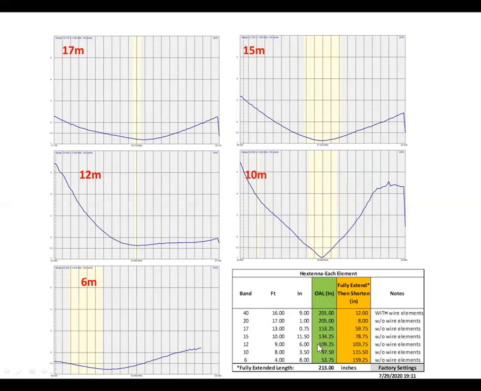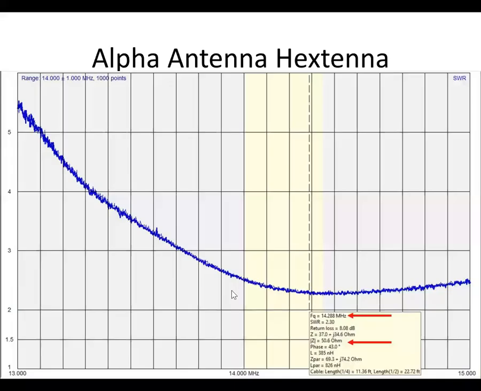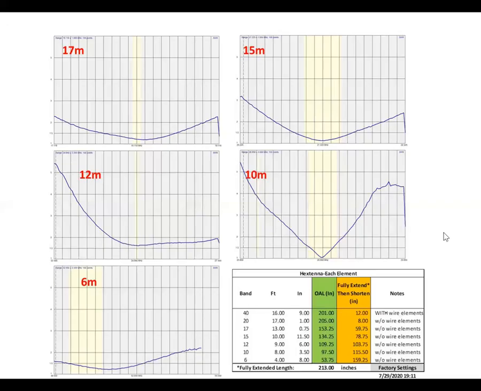So now all we have to do is when we go out, say if we're setting up for 20 meters, I set it up, put the elements in, extend them all the way out, and then I shorten each side 8 inches. And then that puts me right dead nuts here. So it's a real handy way to go to multiple bands with a minimal adjustment needed, because we did the homework beforehand and we know what has to be adjusted.